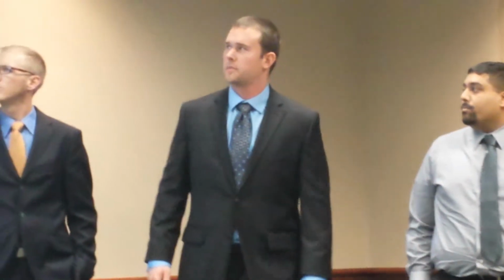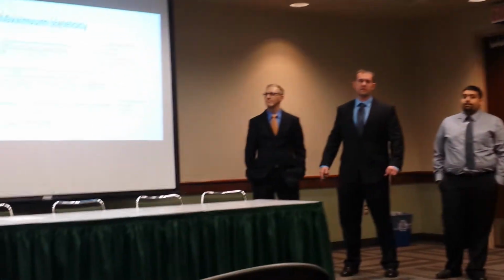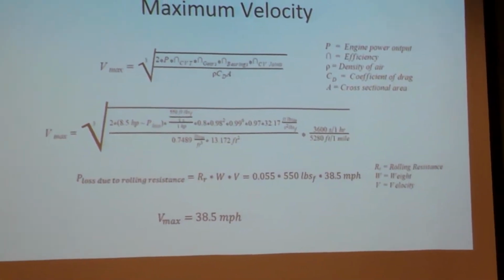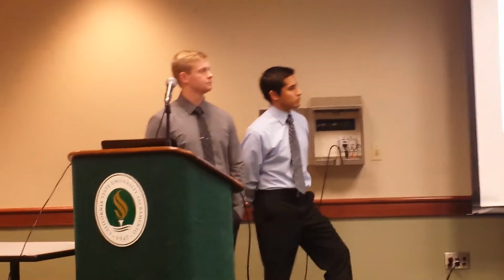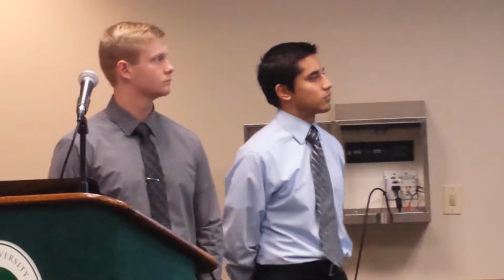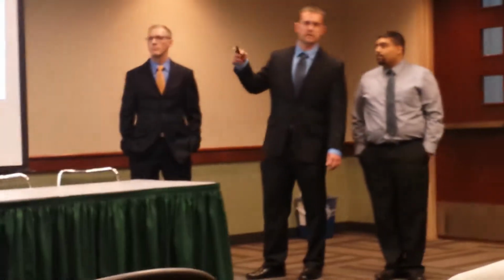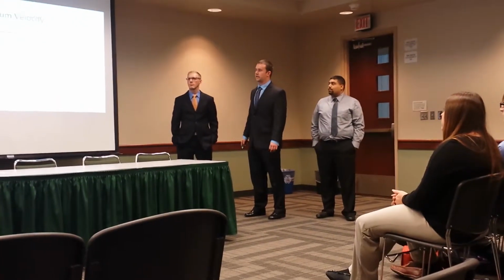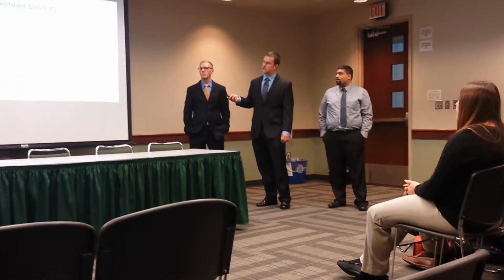So in order to determine the maximum velocity, we compared the power of the engine, which is actually 8.5 horsepower realistically, to the aerodynamic drag forces and the rolling resistance. As the velocity increases, the aerodynamic force increases quite a bit, and the rolling resistance increases a little bit less. When you take into account the inefficiencies of the various components of the powertrain and set them all equal in an equation, we find that 38.5 miles per hour is the maximum velocity with this estimate.